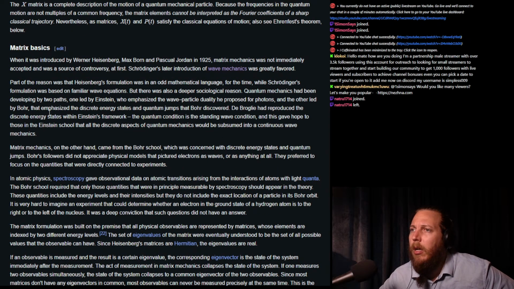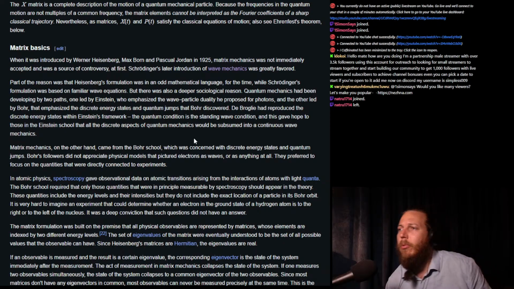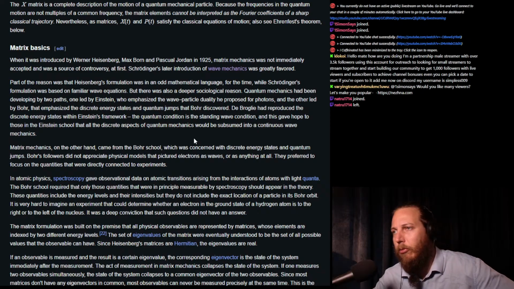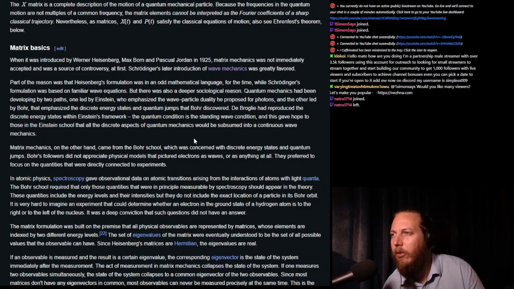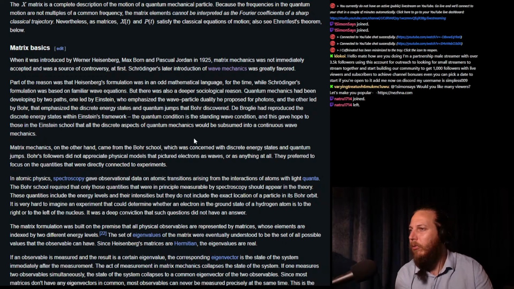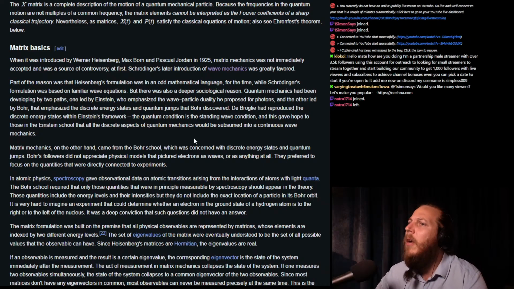Neat. Part of the reason was that Heisenberg's formulation was in an odd mathematical language for the time, while Schrödinger's formulation was based on familiar wave equations, but there was also a deeper sociological reason. Quantum mechanics had been developing by two paths, one led by Einstein, who emphasized the wave-particle duality he proposed for photons, and the other led by Bohr, who emphasized the discrete energy states and quantum jumps that Bohr discovered.